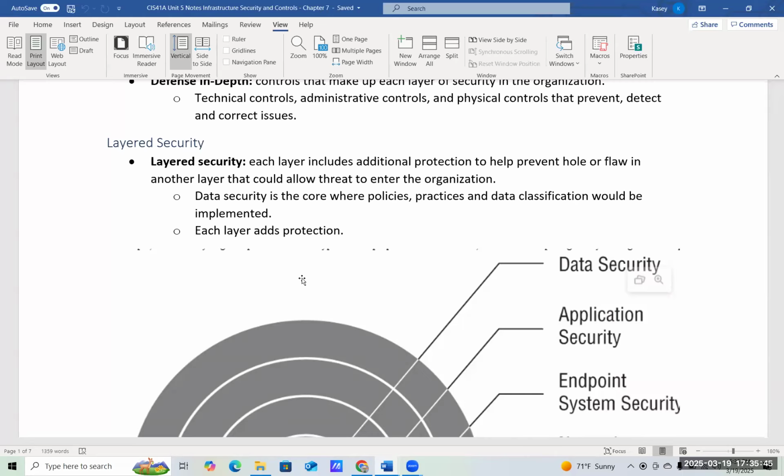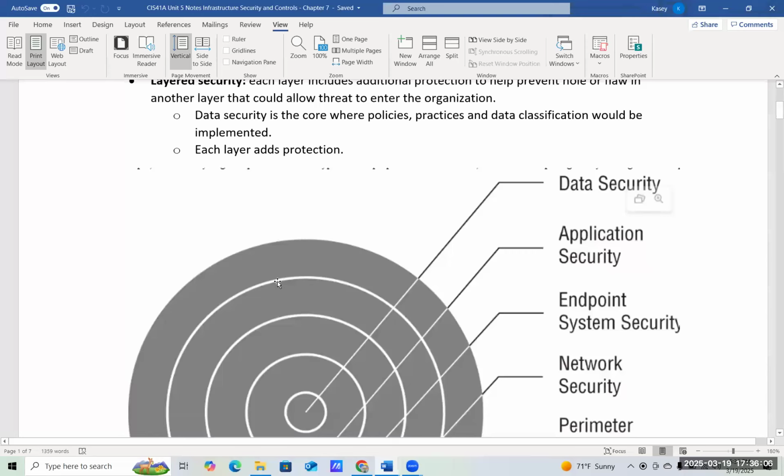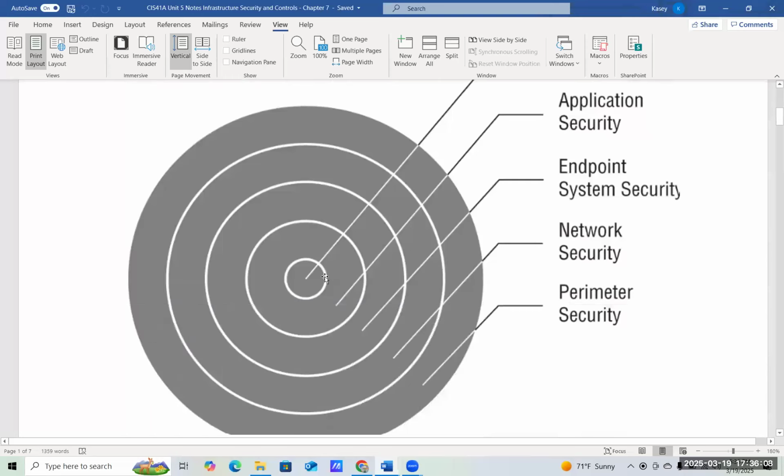So data security is really a core in a lot of the things that we do, and how we break them down into classes known as data classification, or how we implement technology security appliances to really protect the data. So when you're looking at how we are layering this, your data is at the core.